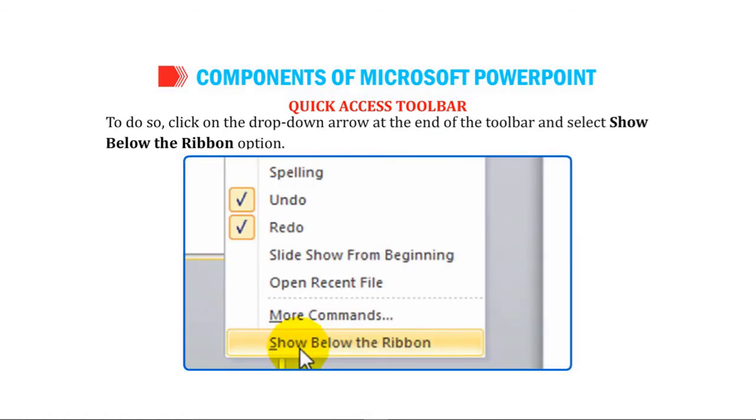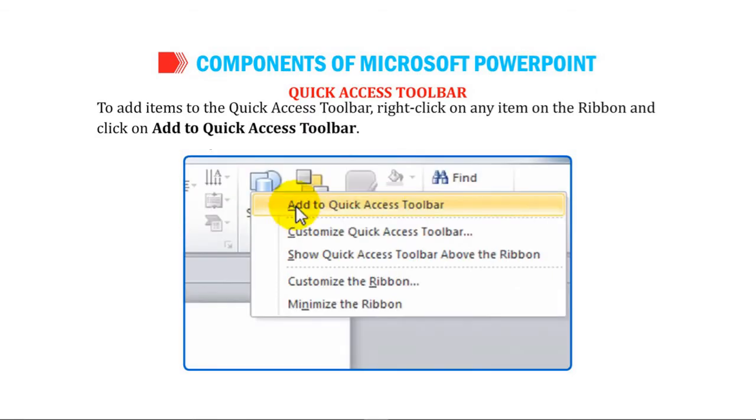To do so, click on the drop-down arrow at the end of the toolbar and select the Show Below the Ribbon option. Now, to add items to the Quick Access Toolbar, right-click on any item on the ribbon and click on the Add to Quick Access Toolbar option.